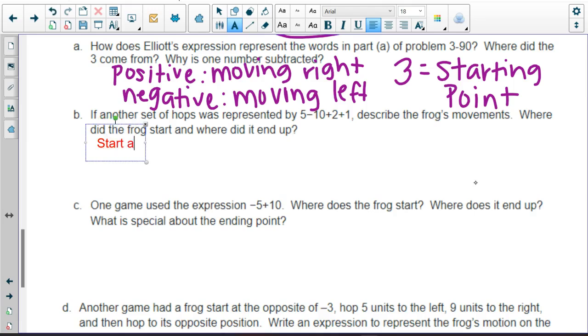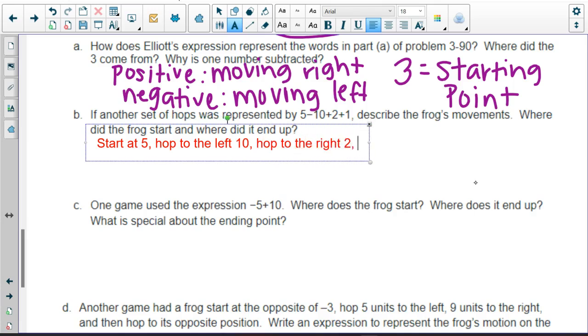We start at 5 on our number line. And then it says -10, so we hop to the left 10. Then we have a +2, so we hop to the right 2. And then +1, we hop to the right 1 more.